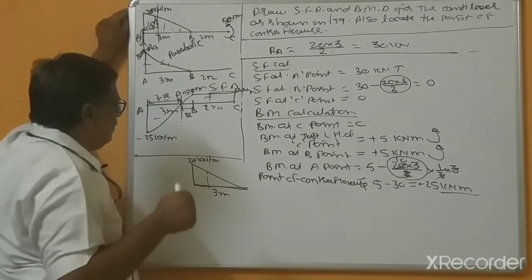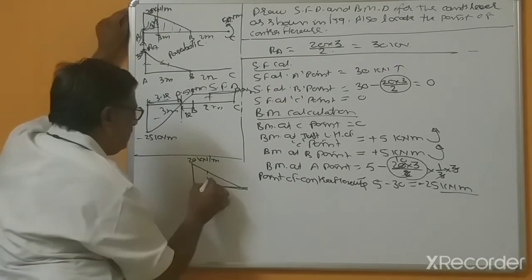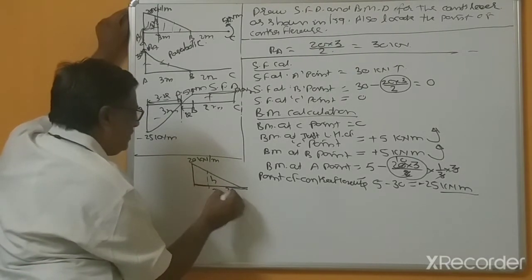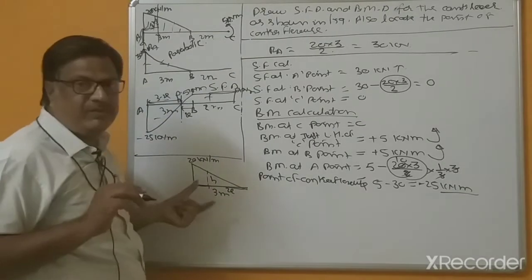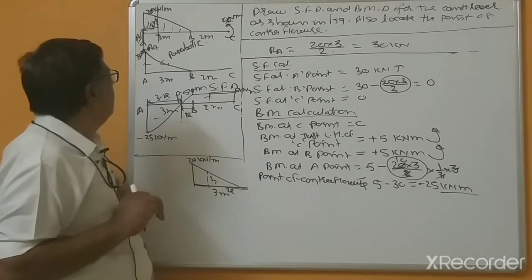Suppose this is h and this is x. So for the small triangle I consider this distance equal to x.